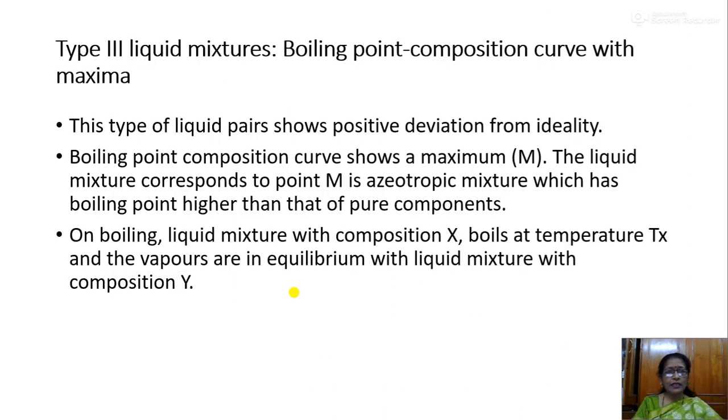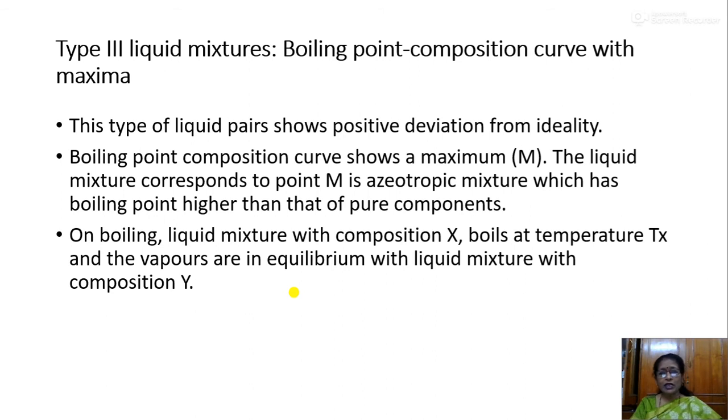Now, there is another type of liquid mixture, that is boiling point composition curve with maxima. Deviation means there will be a minima and there will be a maxima. This type of liquid pair shows positive deviation from the ideality. Boiling point composition curves show maximum.